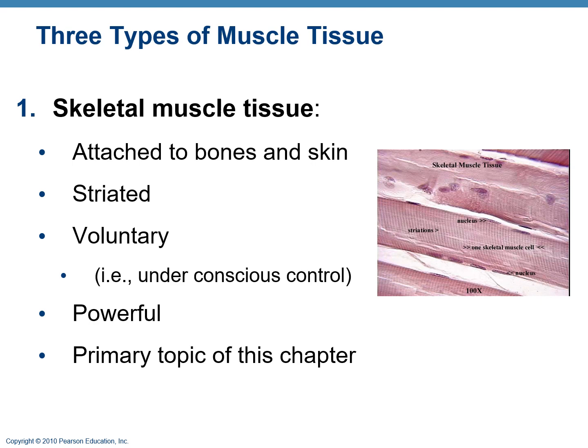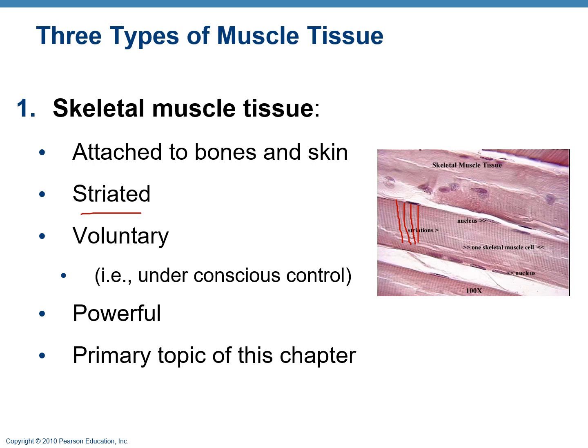Skeletal muscle tissue is attached to bones and to skin in certain places. It is what we know as striated. And when you hear the term striated, you want to think striped, right? You can see all these really tiny striations or stripes, a banding pattern, when you look at a micrograph of skeletal muscle tissue.